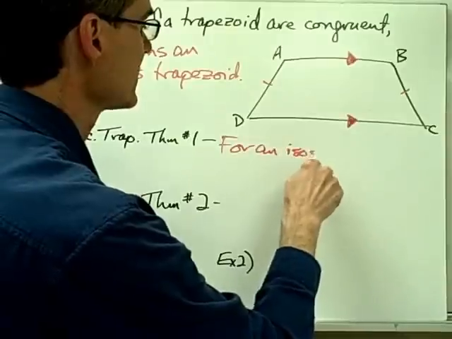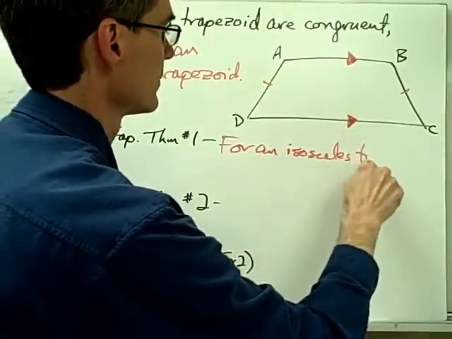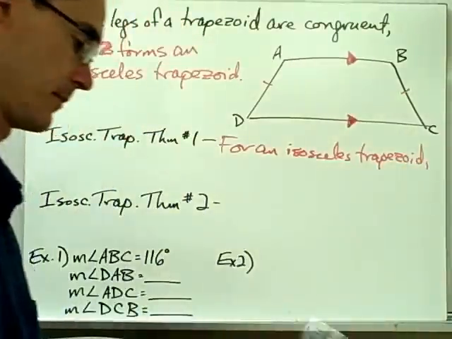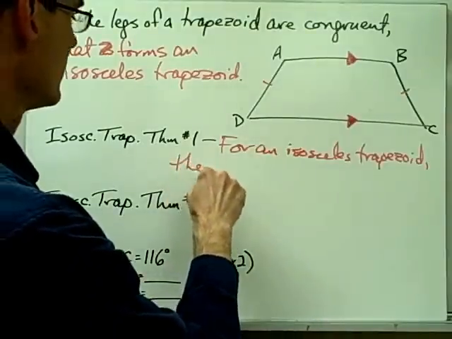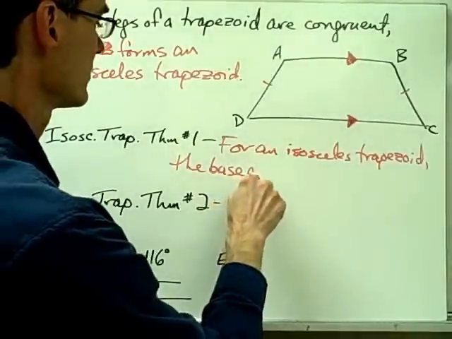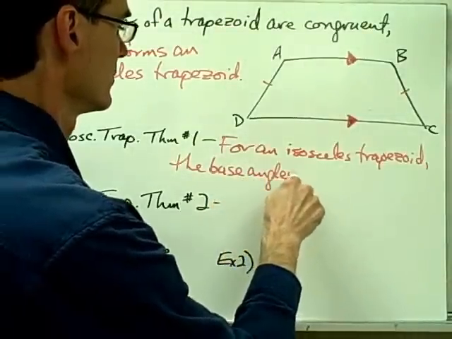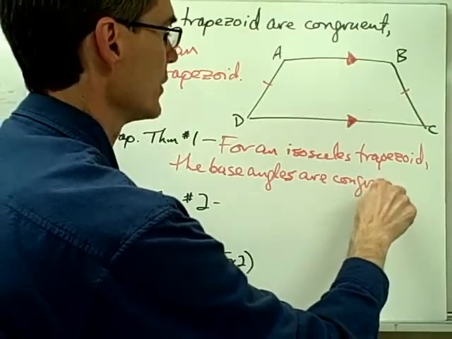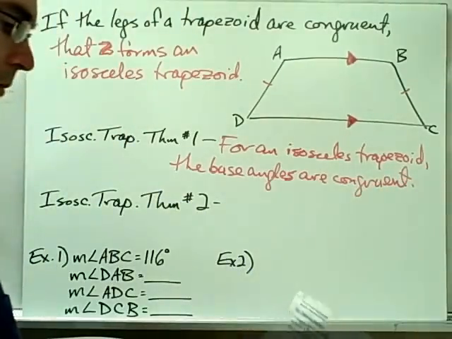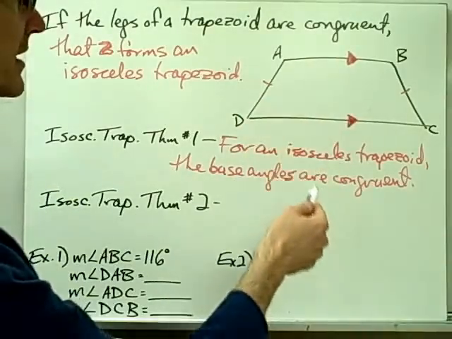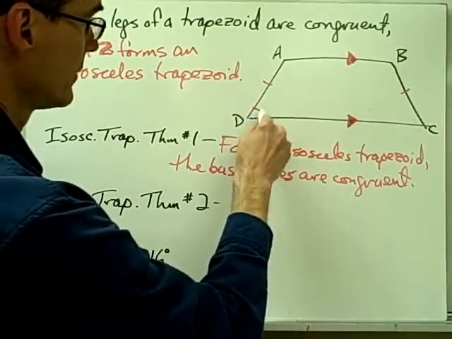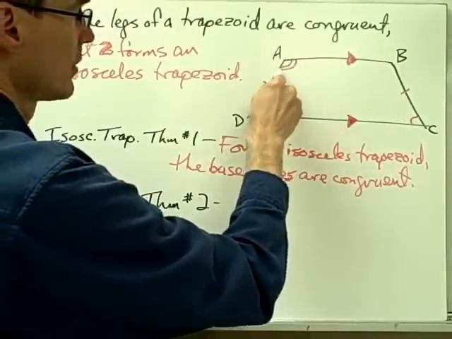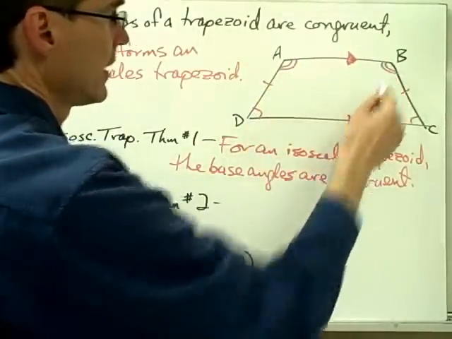For an isosceles trapezoid, the base angles are congruent. So in other words, for this isosceles trapezoid here, angle D and angle C would be congruent, and also angle A and angle B would be congruent.